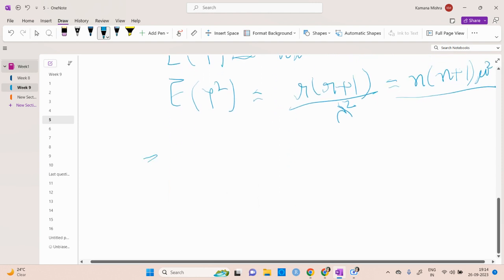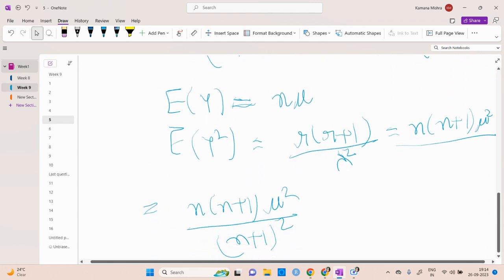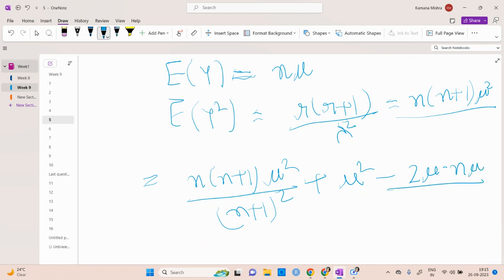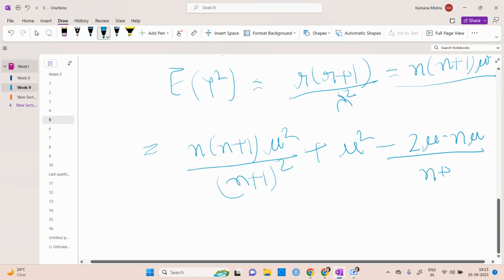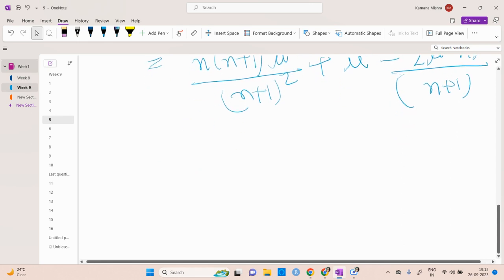So expectation of y square is n into n plus 1 mu square divided by n plus 1 whole square, and then expectation of mu square will be mu square, and minus 2 mu times n mu divided by n plus 1, right?